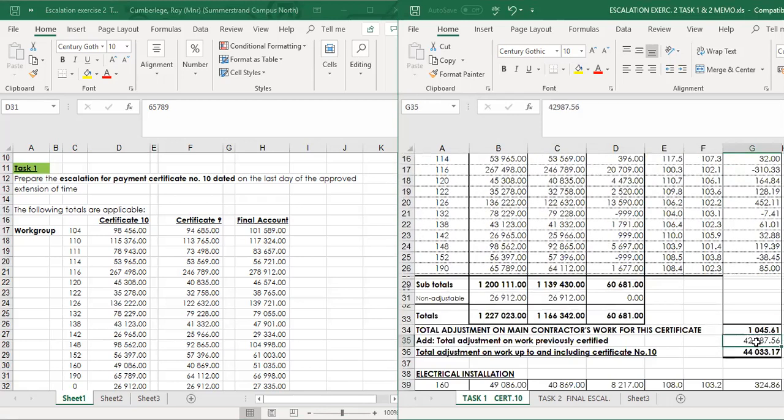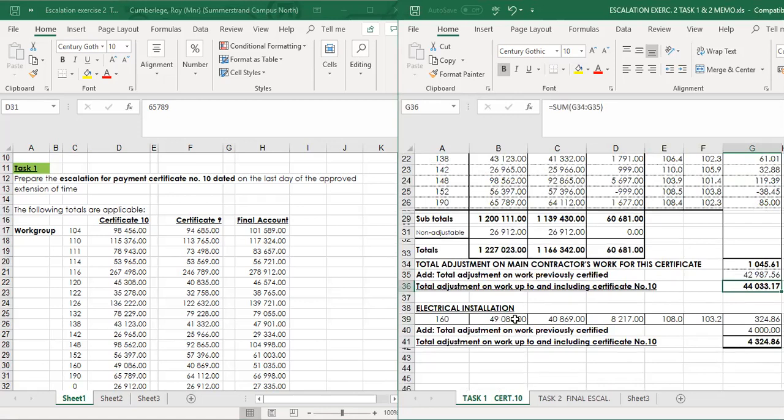You add the previous escalation that comes from the accumulative total from certificate 9 that is given. So the total up to and including certificate 10 in this case for escalation for the main contractor was 44,033 Rand and odd cents.